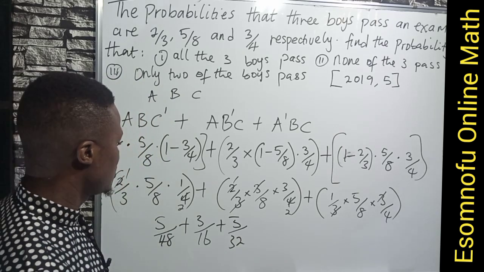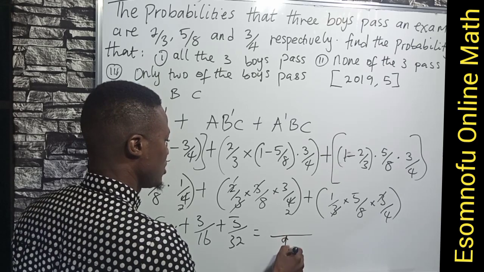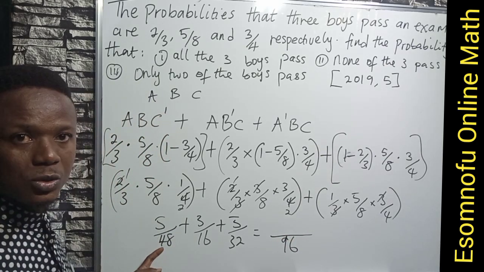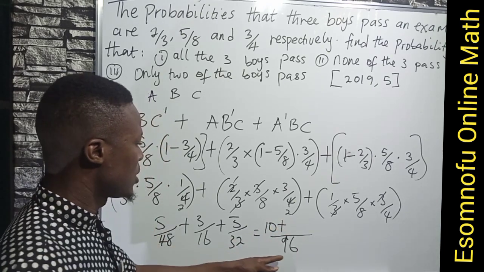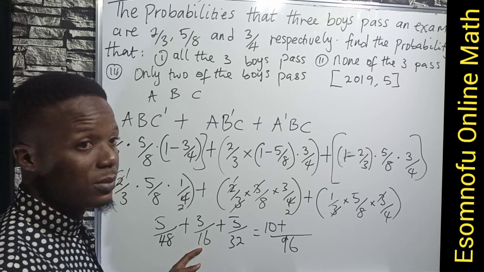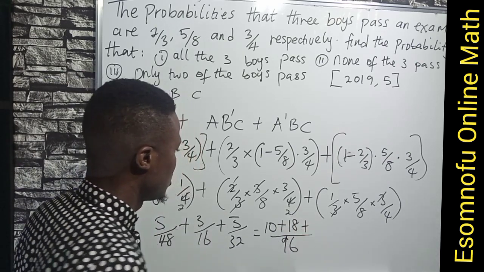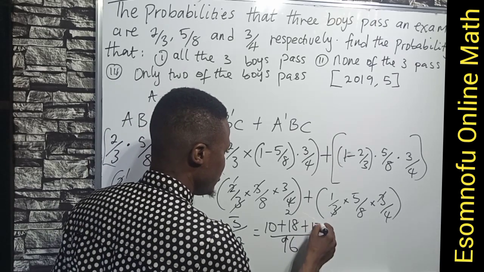So you look for LCM of 48, 16, and 32, and that should be 96. So you have your 96. Now 96 divided by 48 is 2, and 2 times 5 is 10, plus 96 divided by 16 should be 6. 6 times 3 is 18, plus 96 divided by 32 is 3, and 3 times 5 will give you 15.